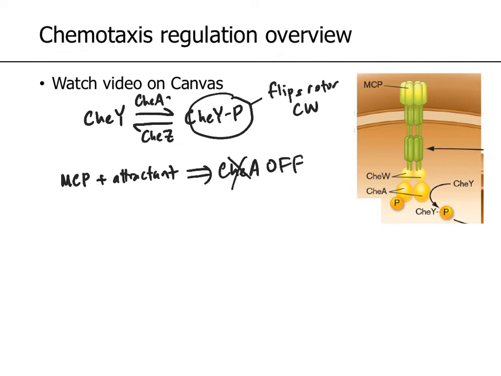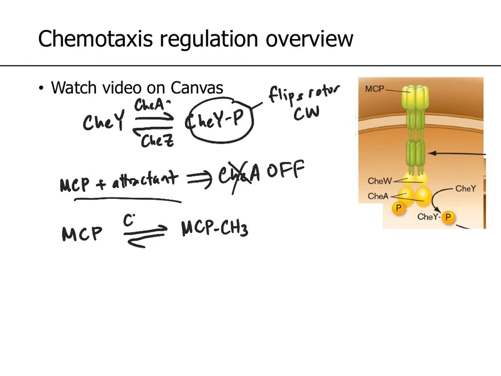But we don't want this to just stay like this forever. Just because it found one molecule of attractant doesn't mean that it couldn't find more. There might be a better spot. So how it regulates that is it goes back and forth between the methylated version of this MCP. We have CheR, which methylates it, and then the phosphorylated version of CheB that demethylates it.